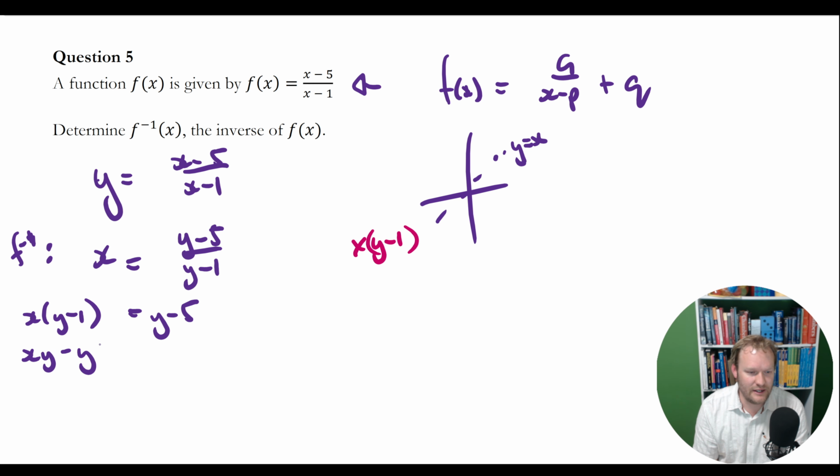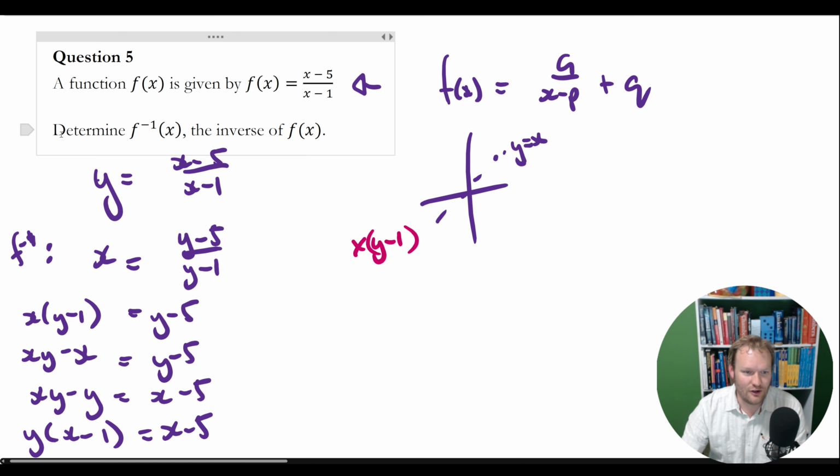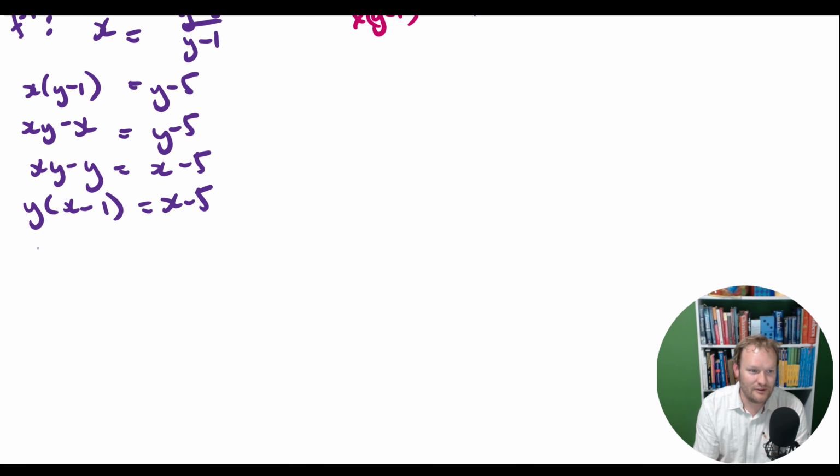If we multiply the x in, we have xy minus x equals y minus 5, and then we factorize out a y, which leaves us with y times (x minus 1) equals x minus 5. Now we can just divide both sides by x minus 1.